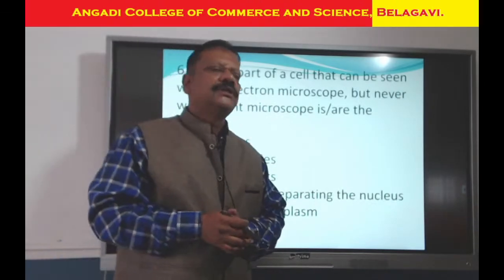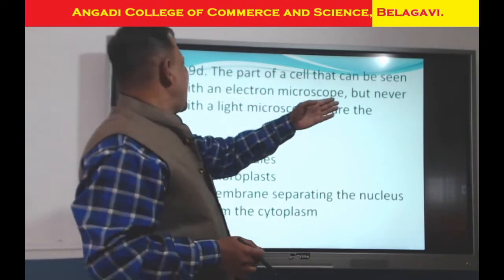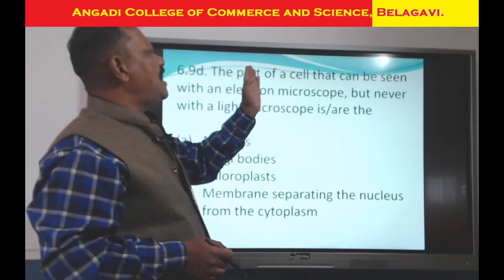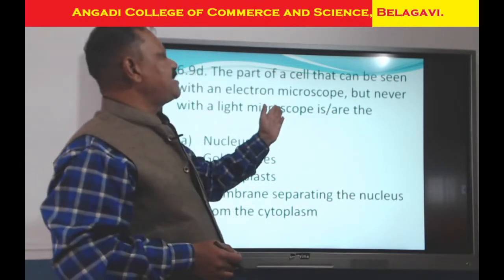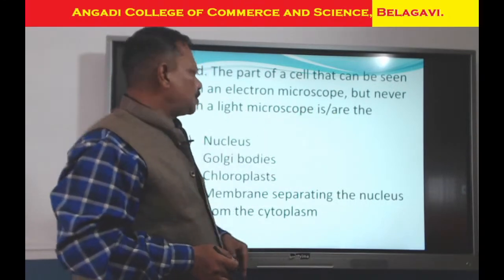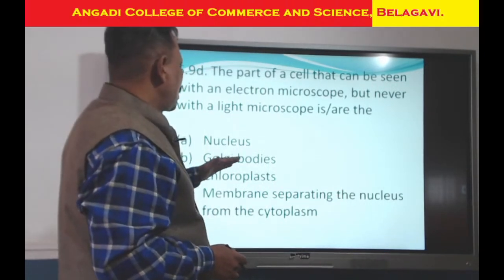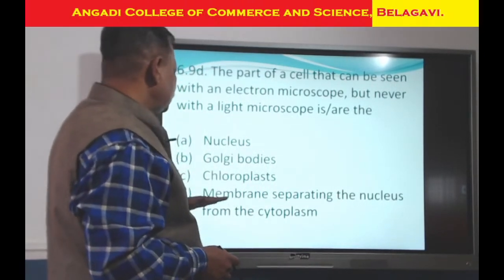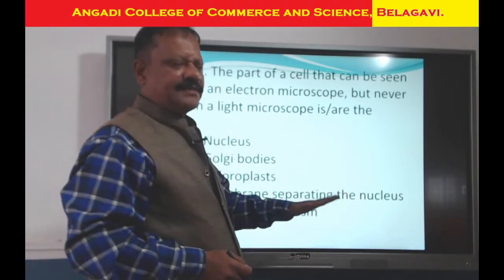Now, the part of a cell that can be seen with an electron microscope but never with a light microscope is the... The options here are nucleus, Golgi bodies, chloroplast, membrane separating the nucleus from the cytoplasm.